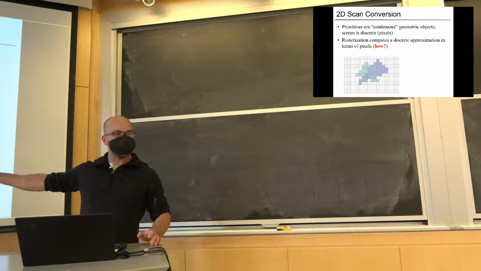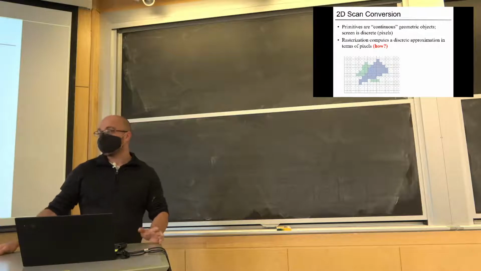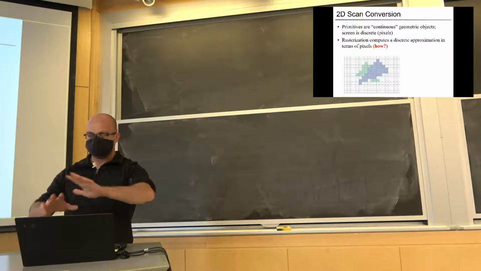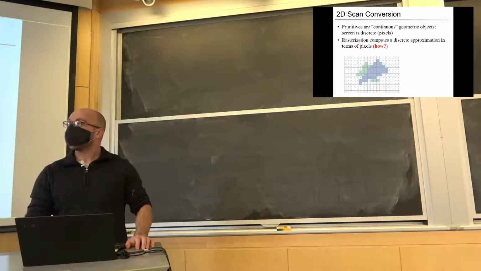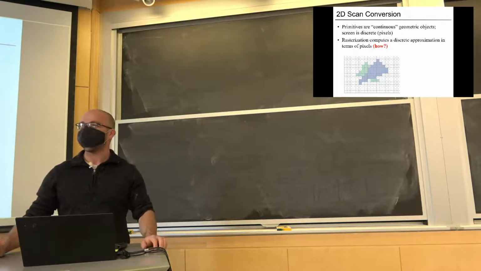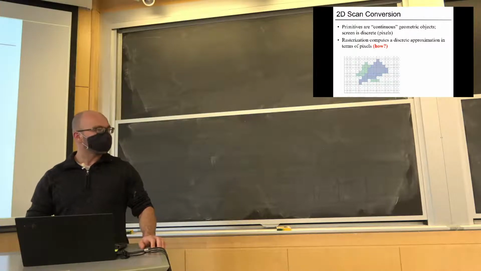I can't randomly shoot rays in a pixel. That doesn't work. I need to do everything on a grid, right? Because otherwise scan conversion would be a hot mess, scattershot conversion. That wouldn't be any good. Any other questions? Essentially today, notice we're just setting up lots of problems that we're going to have to solve one after the next. Okay, so let's talk about some strategies for scan conversion.